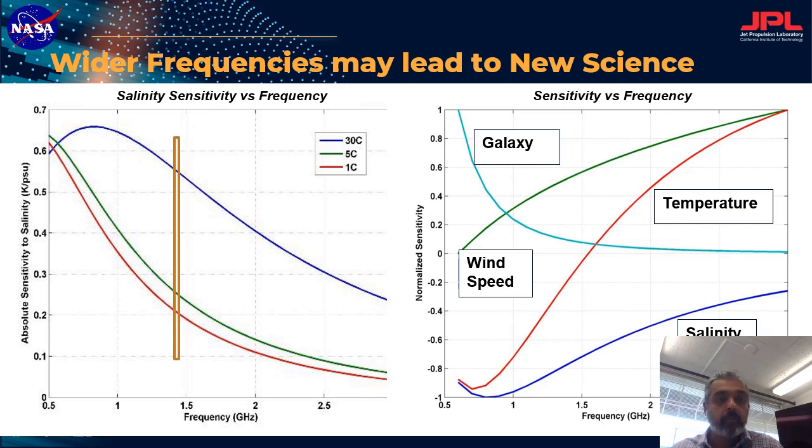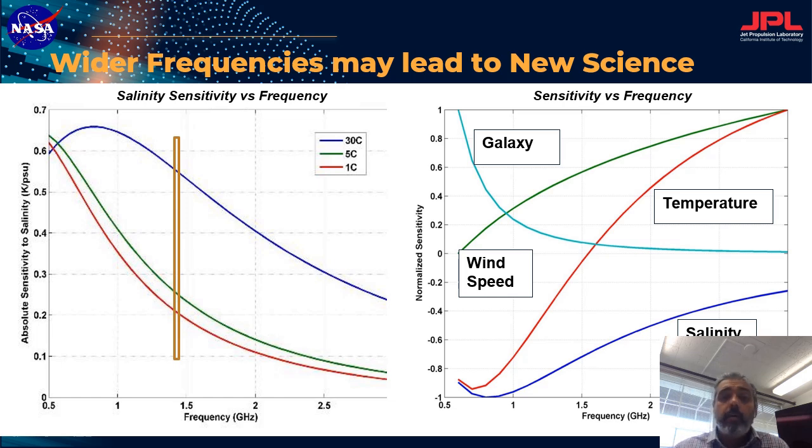The little brown box shows where the 1.4 gigahertz currently measures. If you went lower in frequency or expanded your frequency, you can actually see the green and the red line on the left plot actually go buying back that sensitivity as you go lower in frequency. So there are advantages to suddenly being able to measure, say, polar salinity if you were able to measure wider frequencies.